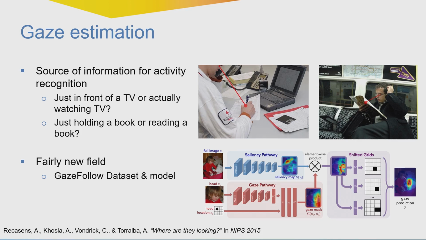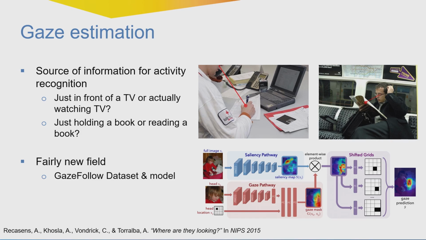The other one focuses more around the head of the person, given the eye or the head position, and based on the features from the head, estimates the direction that the person is looking. Then they have an element-wise product and some classification strategy to finally predict where the person is looking.